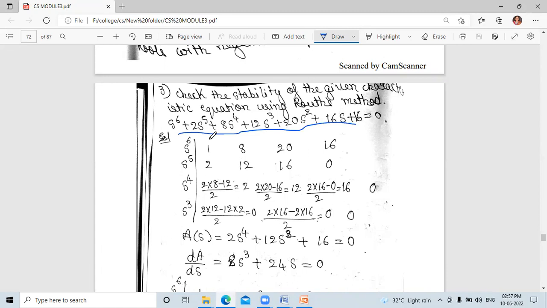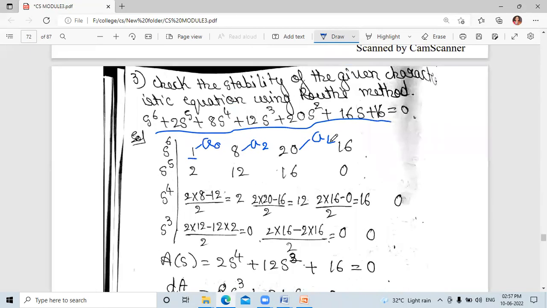Right? So first we need to substitute here A naught, and this is A2, and this is A4, and this is A6.